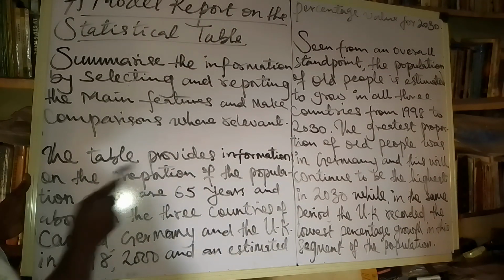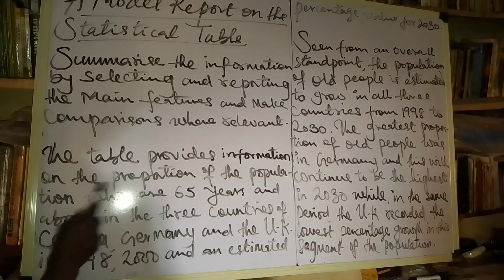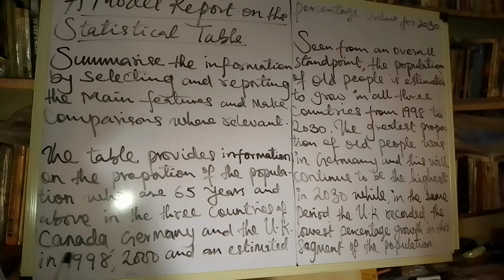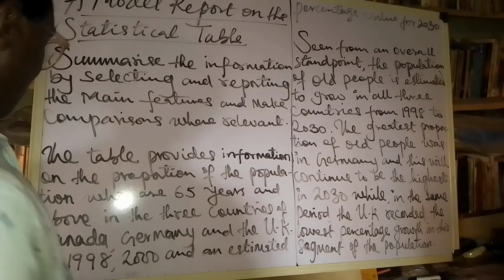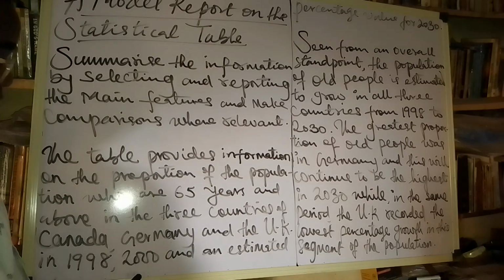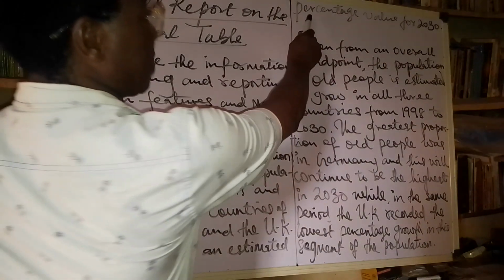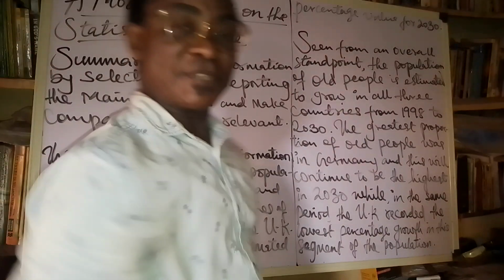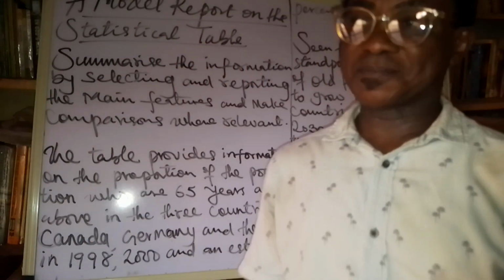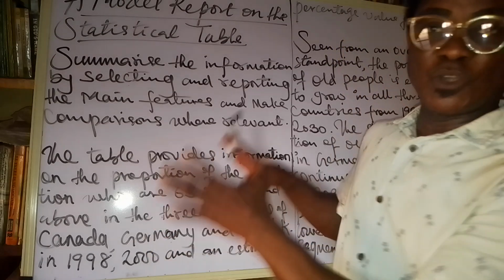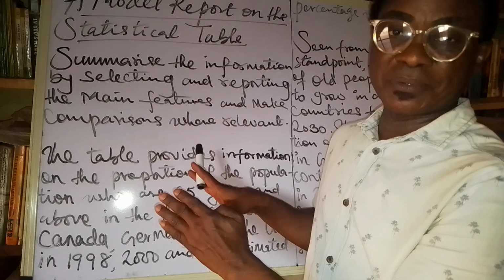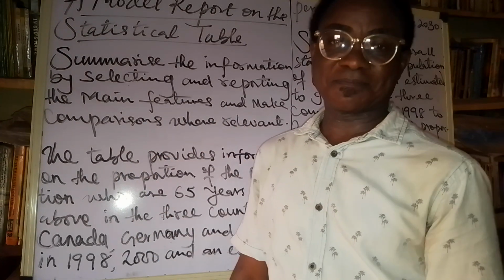It says the table provides information on the proportion of the population who are 65 years and above in the three countries of Canada, Germany, and the UK in 1998, 2000, and an estimated percentage value for the year 2030. This is a paraphrase of the basic information on which the statistical table is based.